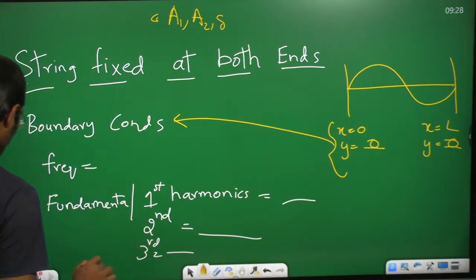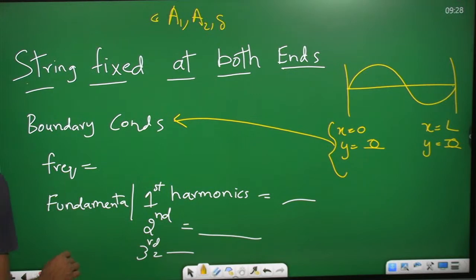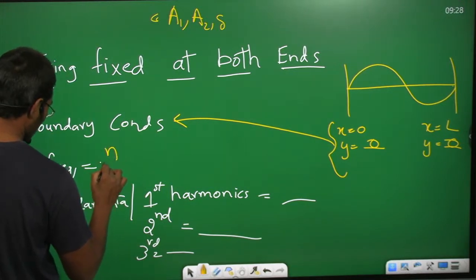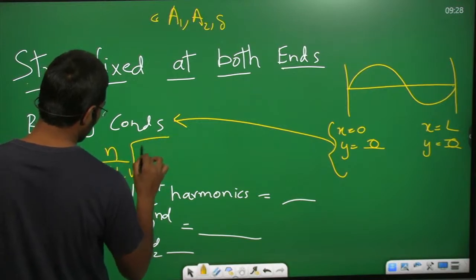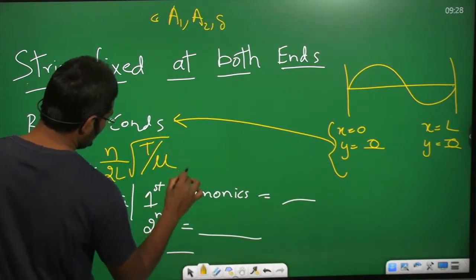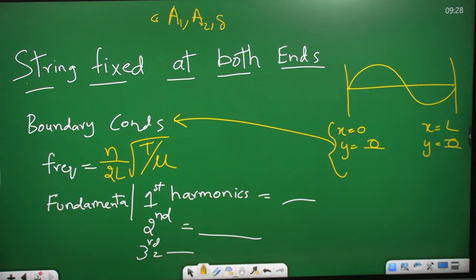So how do you write frequency? N by 2L under root T by mu, where mu is the linear density, T is the tension, N is the number of harmonics, first or second or third, and L is the length of the string.